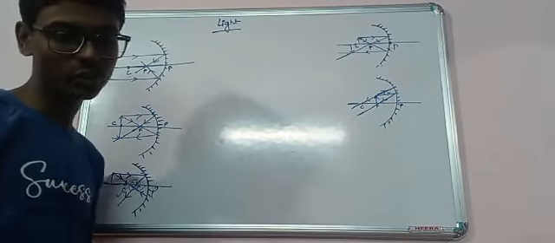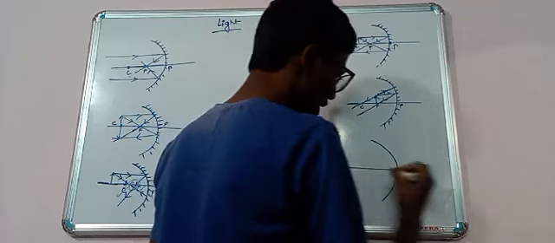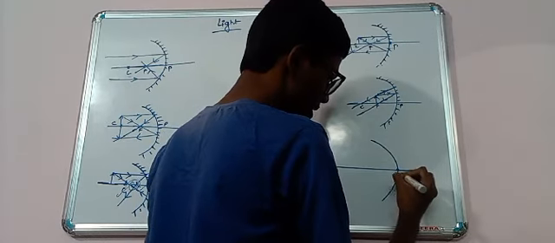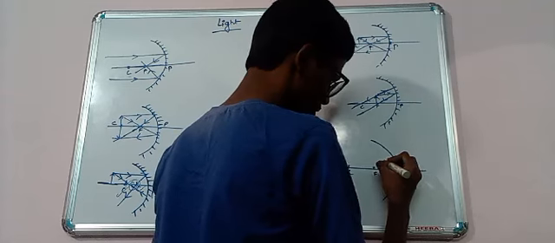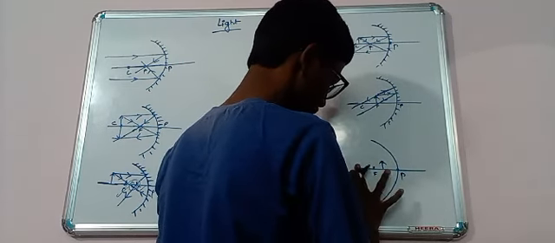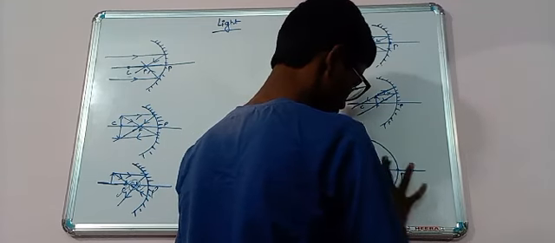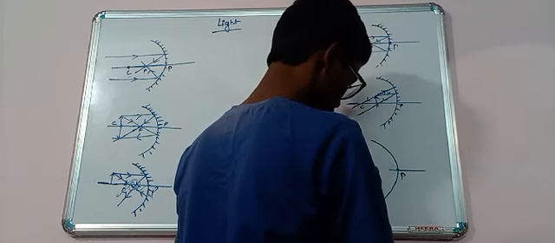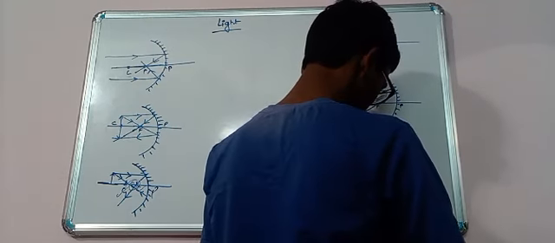And the last ray diagram for today is when the object is placed between F and P. Again, there is a twist. Let me draw it, then I'll tell you.